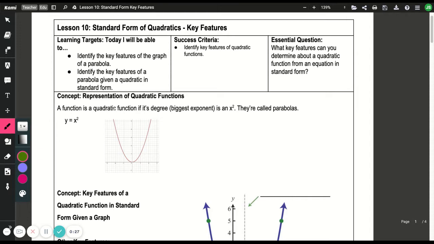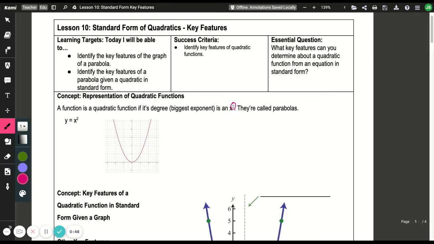So remember from last week that a function is a quadratic if the degree, which is the highest exponent, is an x squared. So you can't have radicals, you can't have negative exponents, you can't have fraction exponents, and the highest exponent has to be a 2.